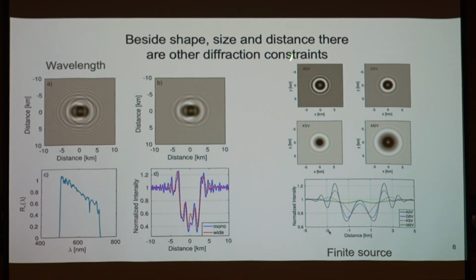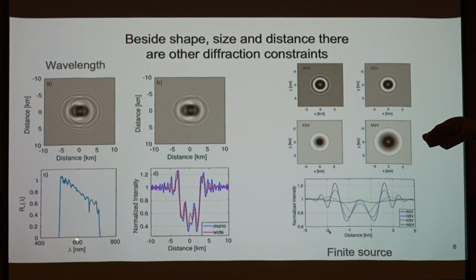So, apart from this, besides the distance and shape, there are other constraints. Of course, the stars are not lasers. It's not monochromatic. What we have is a band of wavelengths.